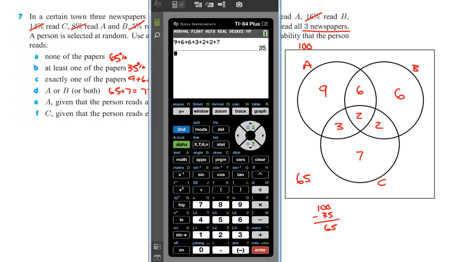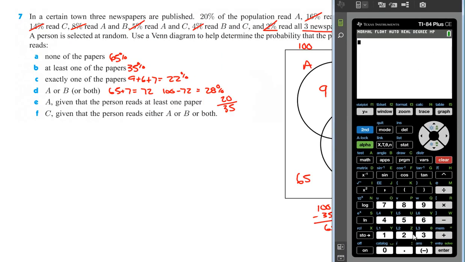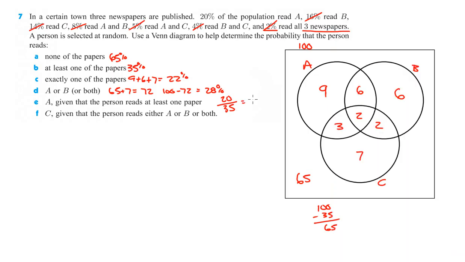Okay, so now we'll just want to go through and calculate that. So we do 20 divided by 35. We get 0.571. So 57.1%.